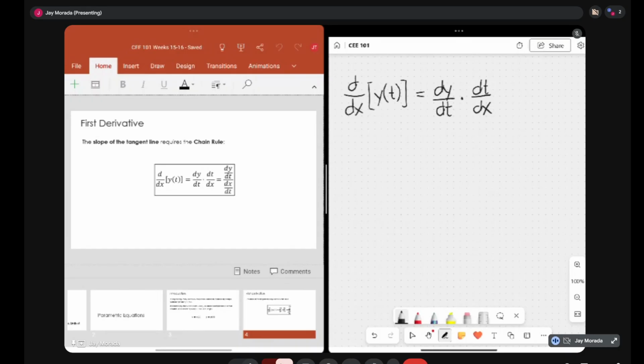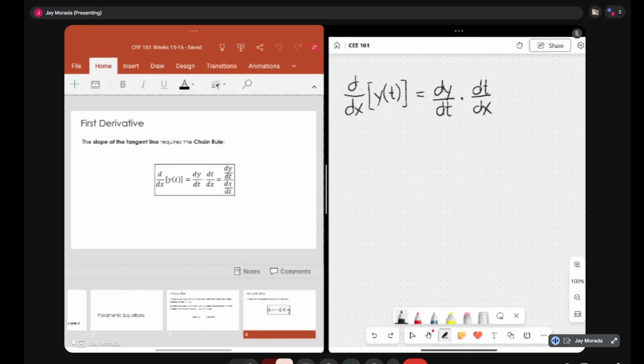Now, to make it more intuitive, you can treat these derivatives as fractions. Let's say this dy dt is a very small change in y over a very small change in t. That way, you can just cancel those dt, leaving you with dy dx, now the derivative you want to find in the first place.